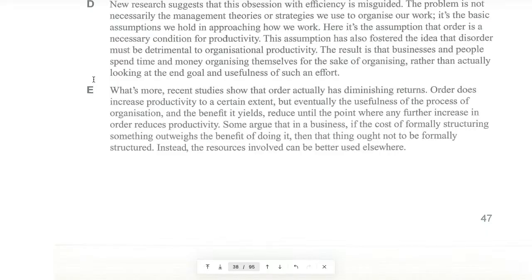Yeah. Can someone explain that clearly to me?